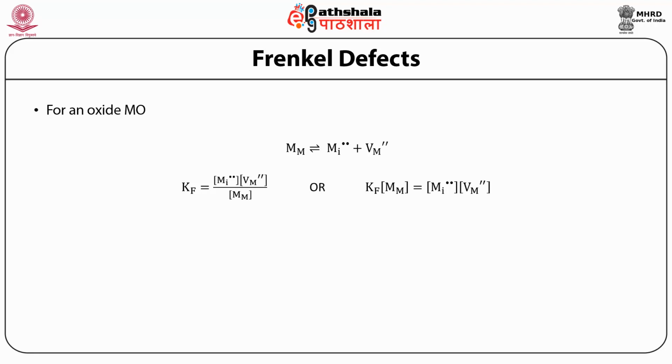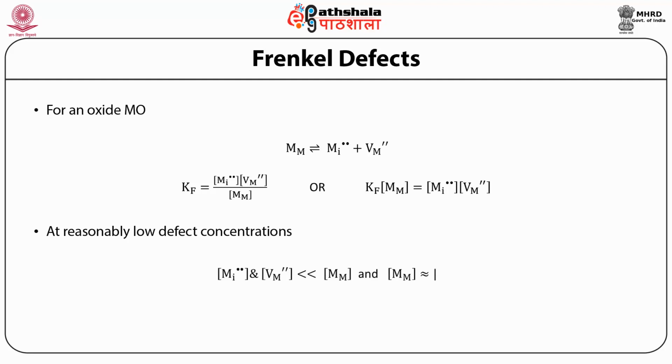Or it can be written as Kf times [MM] equal to [Mi double dot][VM double prime]. At reasonably low defect concentration, when Mi double dot and VM double prime are very much less than MM, then [MM] is approximately 1. Then the equation becomes [Mi double dot][VM double prime] equal to Kf.